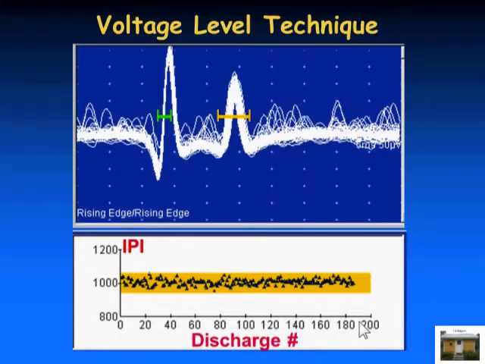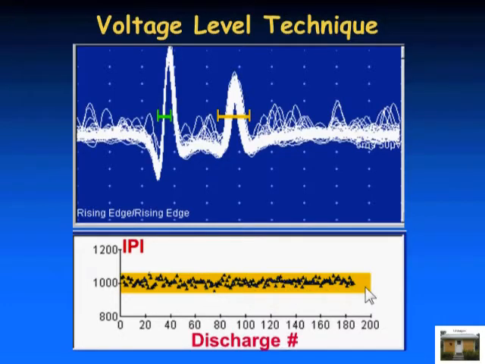The histogram down here, this sequential histogram, plots the value of each of these intervals. The interval between spike 1 and spike 2 is the interpotential interval of that discharge. And this plot down here shows the value of the sequential interpotential intervals during this time epoch.